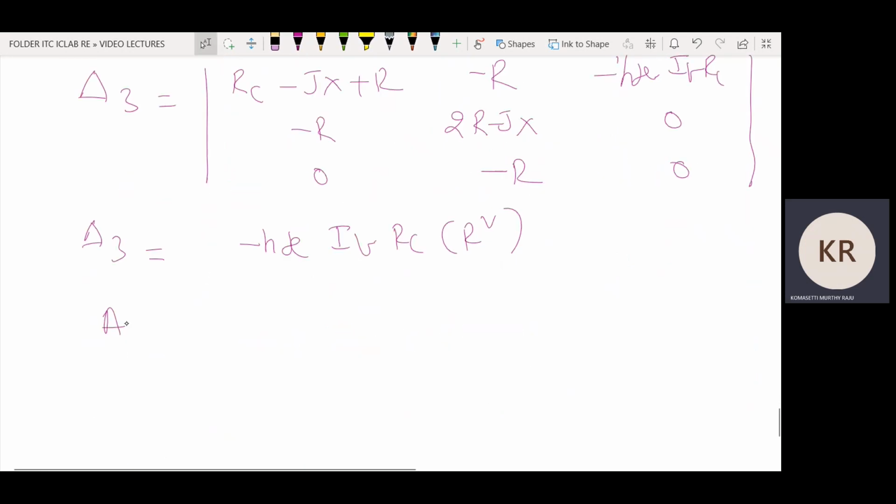Therefore, current loop gain A beta is equal to I3 by IB.